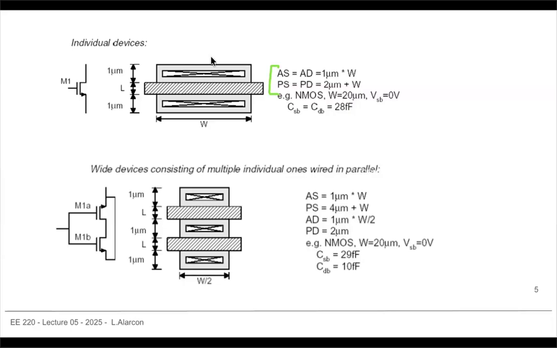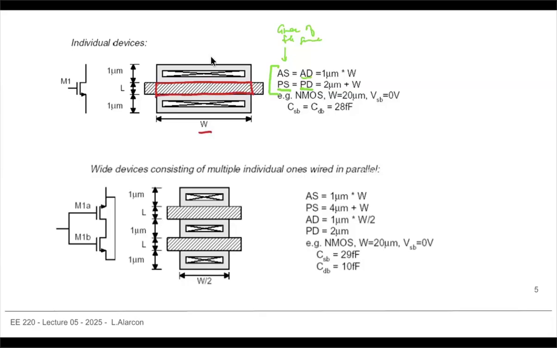So we have, for example, the area. AS means area of the source. AD means area of the drain. But we also know that you have PS, that's the perimeter of the source, and the perimeter of the drain. So what does this mean? When we calculate capacitances, this is going to be known, right? You always know the width and length of your transistor.